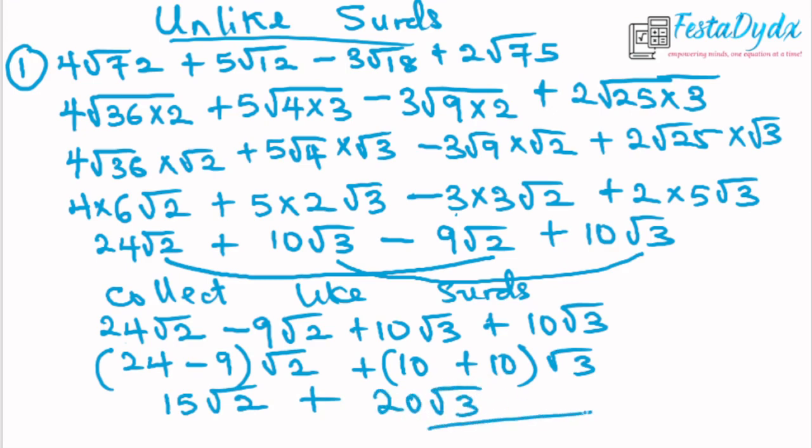So I'm going to leave my answer here because the root 2 and the root 3 here, they are not alike, they are not similar. So this is how we're going to end our answer as unlike surd. So 15 root 2 plus 20 root 3. It is going to end there because the root 2 and the root 3 are not the same. It's just like saying 10y plus 3x. Can we add them together? No, it's not possible. So now let's go to number 2.